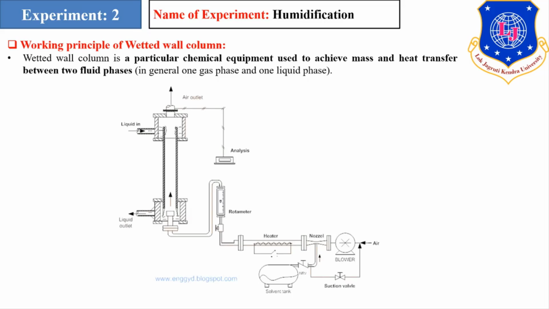Here there will be a wall, and from the top of the wall the liquid will flow in and will exit from the bottom, while from the bottom of the column we will flow the gas at the center of the column, and the air, or you can say the gas, will leave from the top of the column. It will be connected with rotameters for flow adjustments and also with a heater, so that the gas phase, or air, will be a little bit heated.